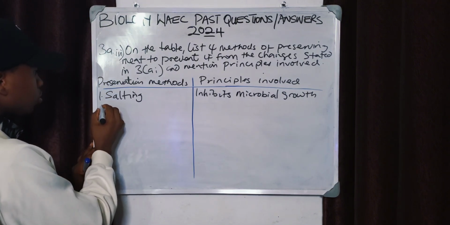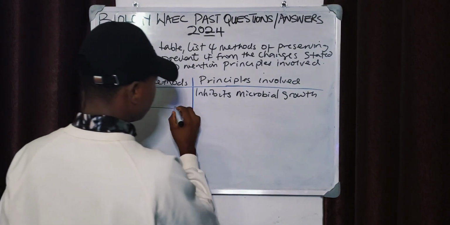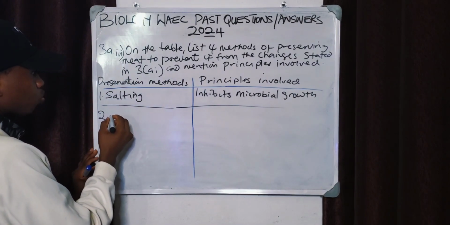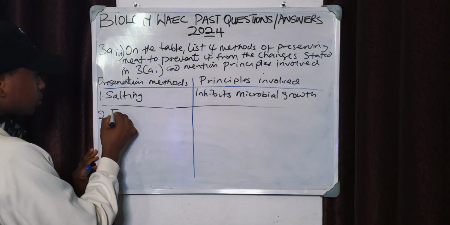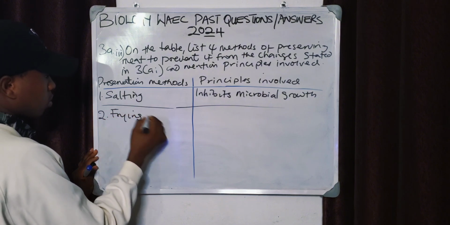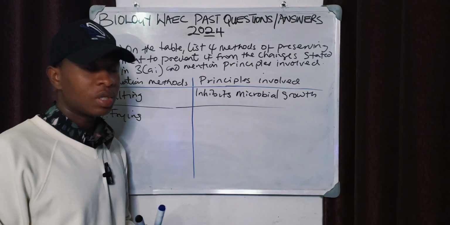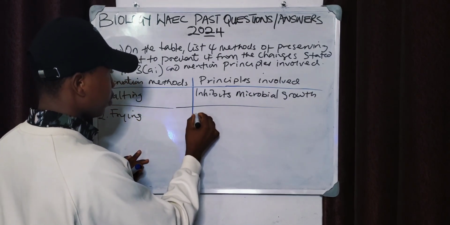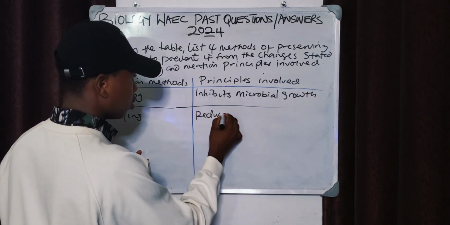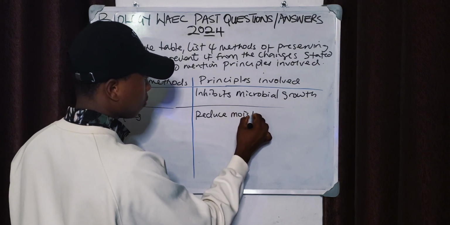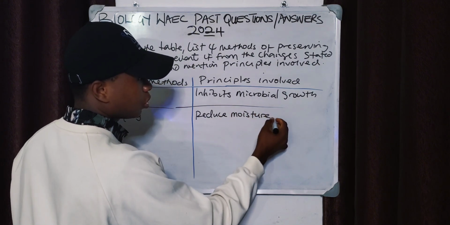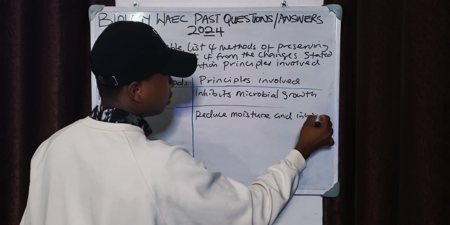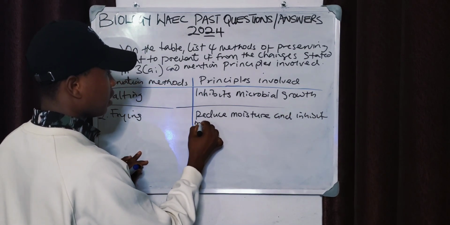Then 2, let's do this. So number 2, we can have frying. So what frying does is that when you do deep frying, it reduces moisture in the meat, and inhibits microbial growth.